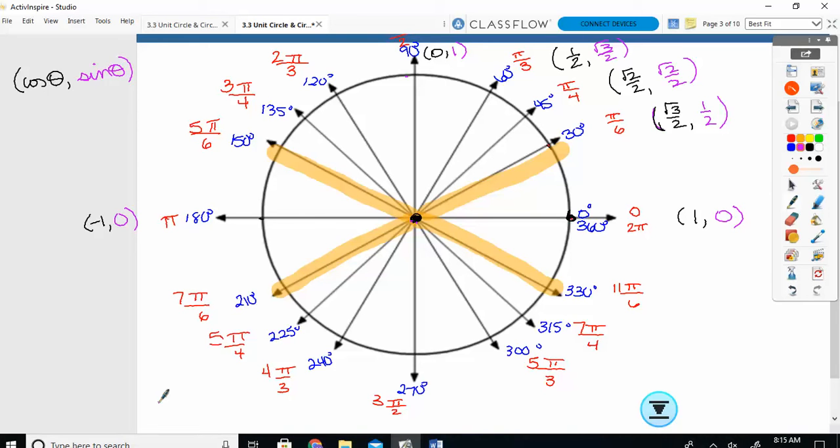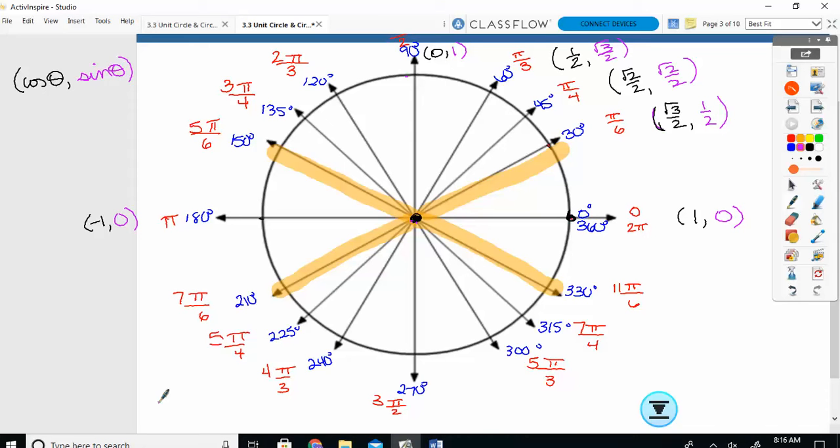Now, we've talked about doing quadrants and reference angles a lot. So I know at 150, sine and cosine are the same as at 30, but the only difference is it could be positive or negative, right? Think about graphing points in Algebra 1, Algebra 2, college algebra.